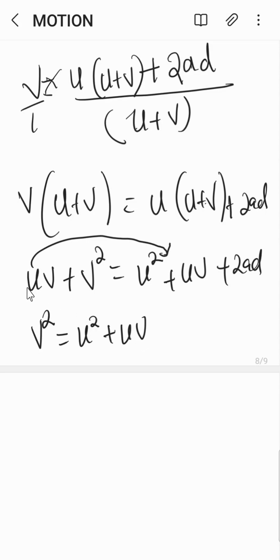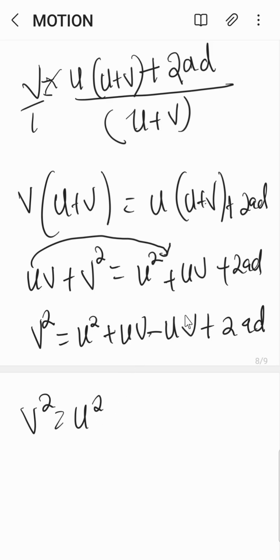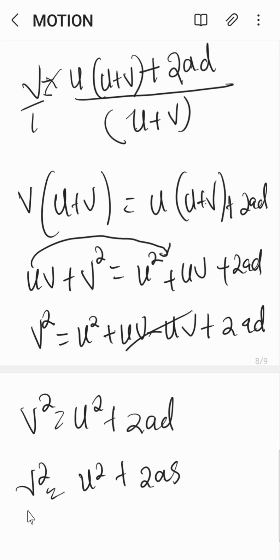So you can say this is positive, it goes this side, it becomes a negative. This is how I just used to remember it, change side, change sign, taught by my math teacher. Well, we continue, plus 2ad. So you have v squared is equal to u squared, this is going to cancel out, plus 2ad, which you can still write as u squared plus 2as, same thing.